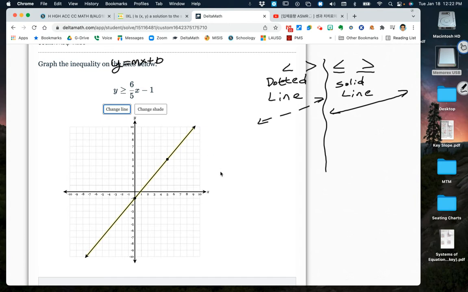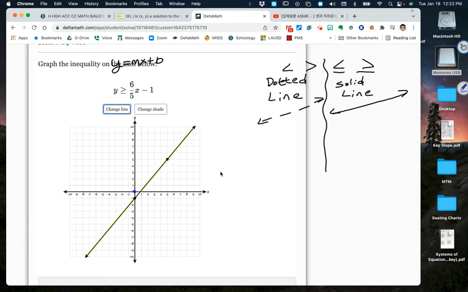Now, the other thing we need to do is we are going to shade either side of this. I want you to get comfortable with testing points to check for that. Okay? So we have to pick a point. The easiest point to pick, if it's available, is the origin, 0, 0.